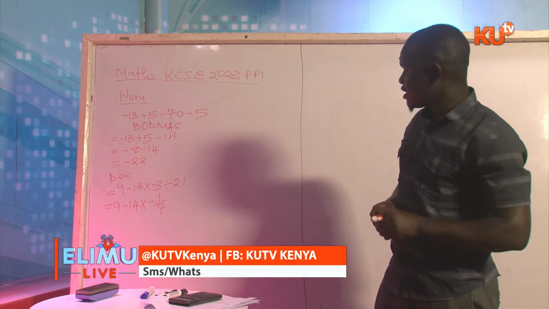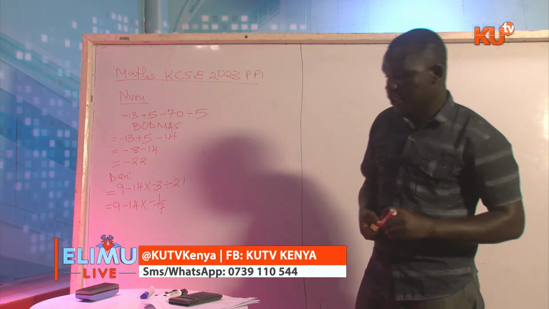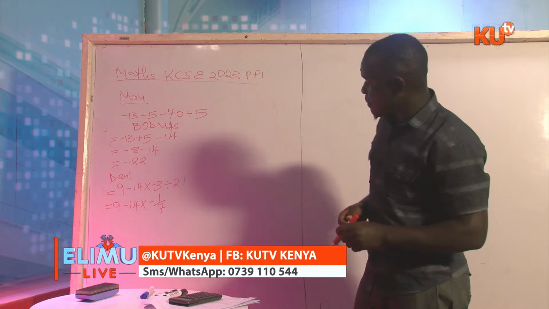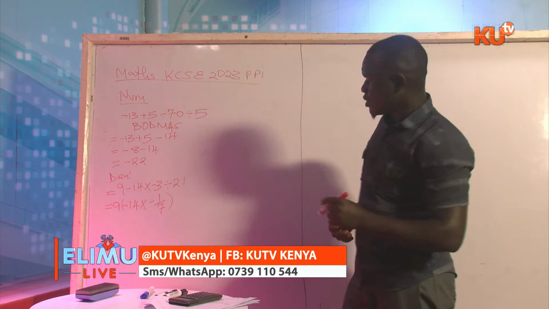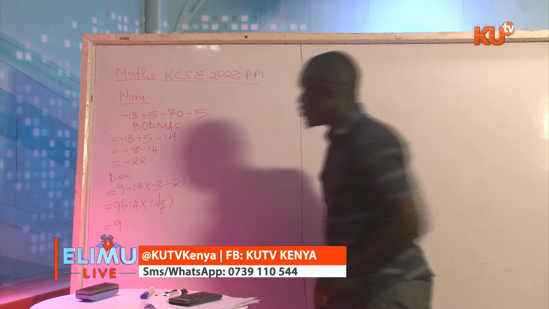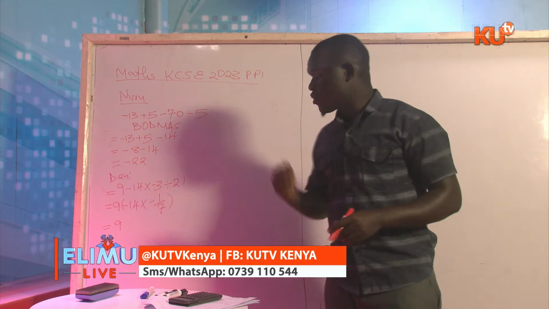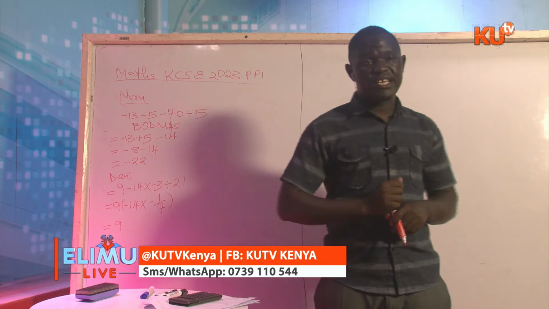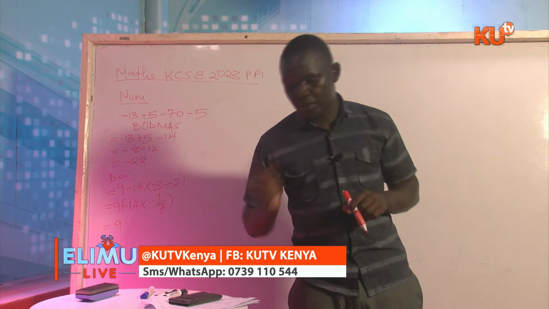Once we've gotten that, the operation that follows is the multiplication operation. So this now will be 9 minus 14 times negative 1 over 7. Hope you remember, dear students, a negative times a negative evaluates to a positive.